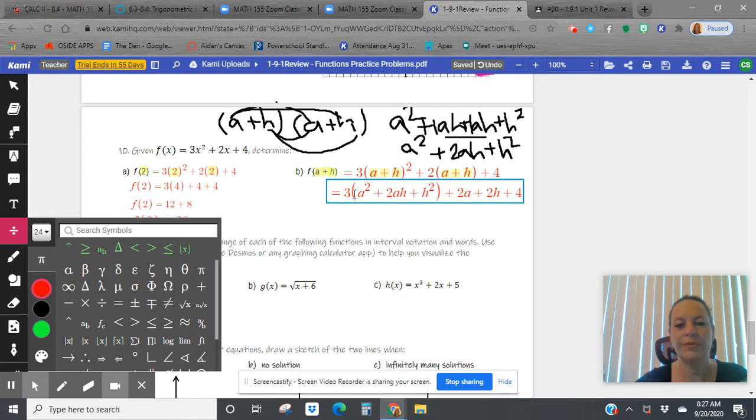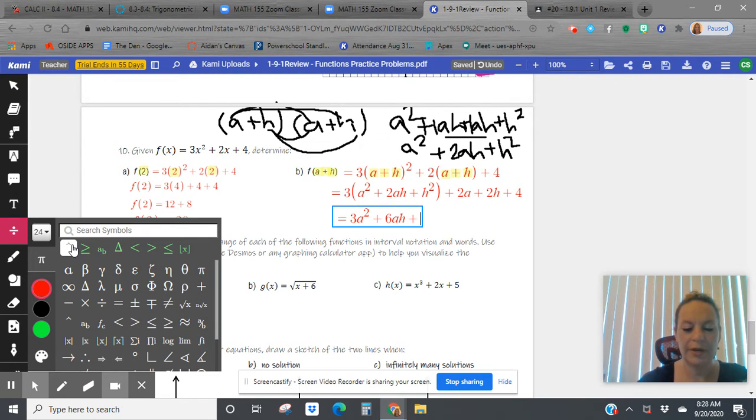All right, now we're going to do some distributing here in the front. We're going to get equals 3a squared plus 6ah plus 3h squared plus 2a plus 2h plus 4.